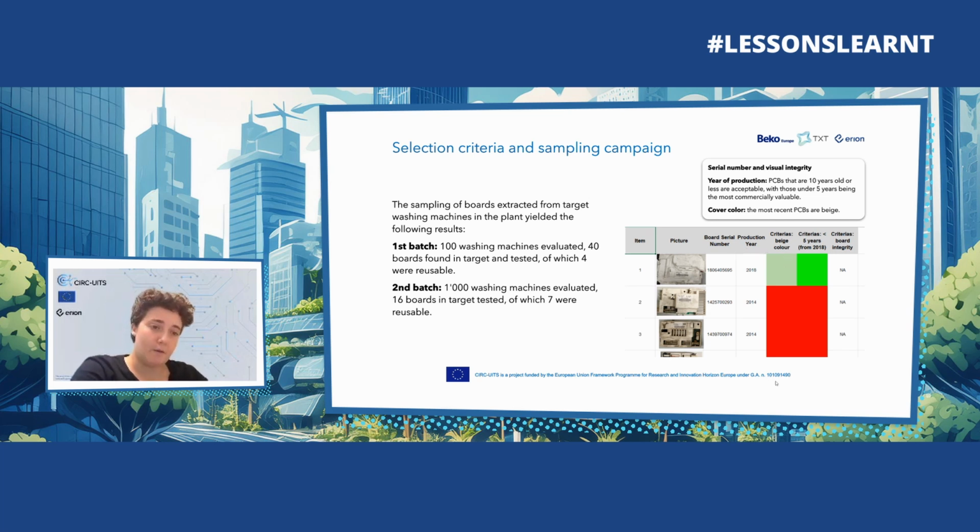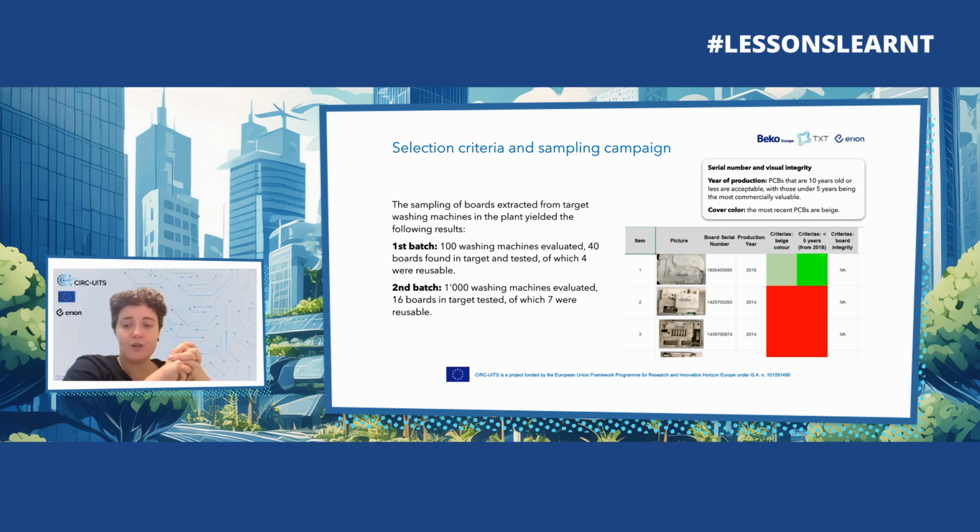So we were testing in order to detect if the batch was ready for the producer to be tested or not. Two batches were run. The first one, on 100 machines, gave us 40 boards, but only 4 boards survived the test, so were actually considered reusable.